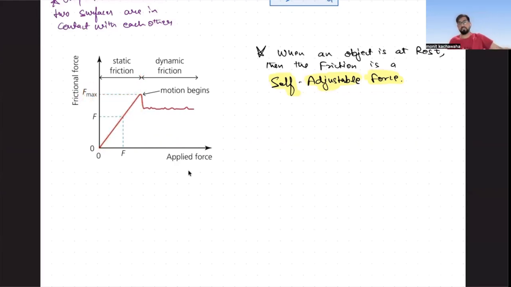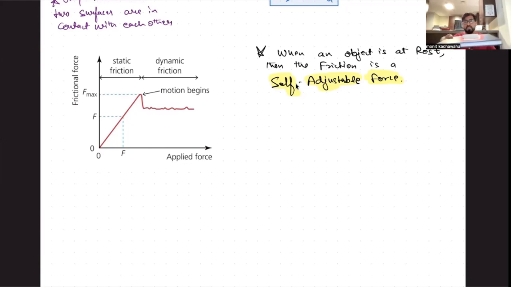So let us say I have this rough surface. I am placing, let us say, this object. An eraser is a good example because an eraser has a very rough surface.